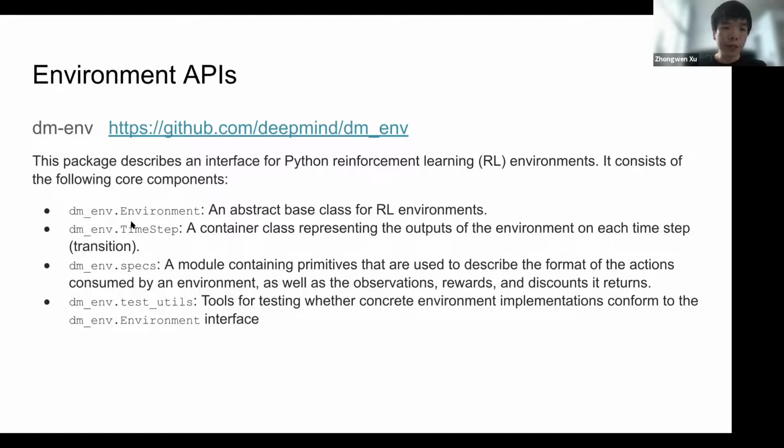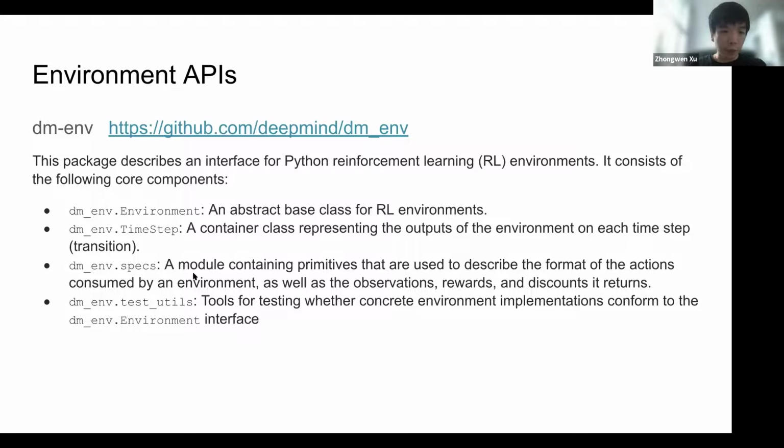There are a few key components. First is the environment, an abstract base class for all kinds of reinforcement learning environments. Then there is a container called timestep, which contains some very important variables output from the environment. And another important concept is called specs, with which you can specify the shape of the observation, the shape of the reward, and so on.